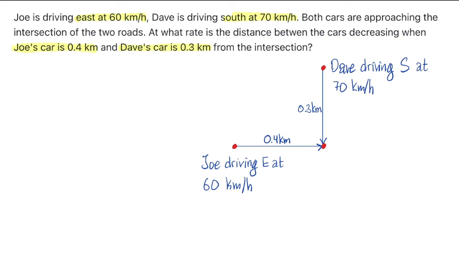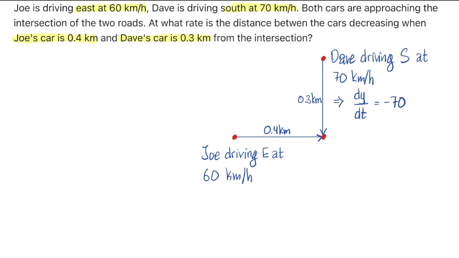So when we are expressing the rates for Dave, the vertical axis, we're going to refer to that as the y-axis. So it's going to be the rate dy/dt. The rate at which y is changing with respect to time will be negative 70, because y, the distance, is becoming smaller as he's approaching the intersection.